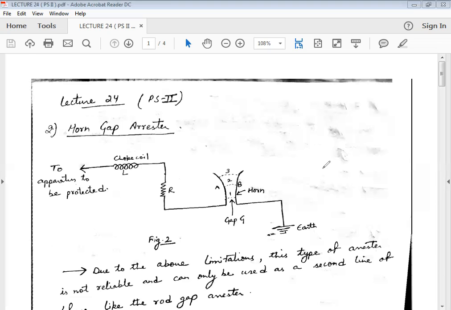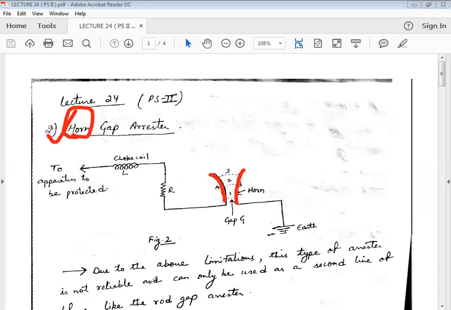So there are many limitations, so that rod type arresters can be used only for backup protection. So in today's topic, we are going to discuss horn gap arresters. As the name suggests, horn, there will be a horn type structure, and a resistance and inductance, RL series circuit, is used.